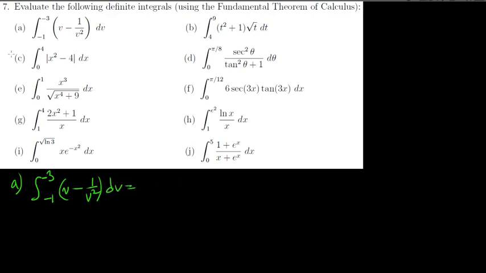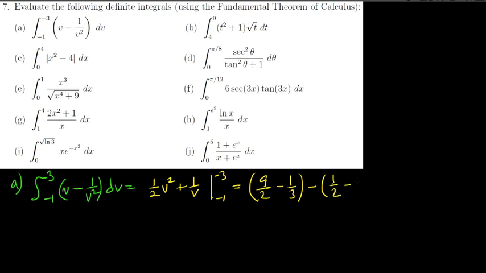So we just integrate, and we get 1/2 v squared plus 1 over v. No c here because we're just going to plug in the -1 and the -3. So when you plug in -3, you get 9 over 2 minus 1/3. And when you plug in the -1, you just get 1/2 minus 1.